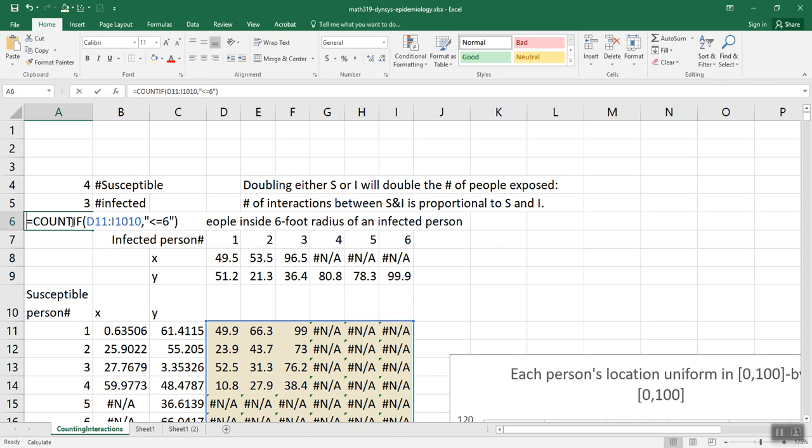And then here, I'm saying how many of all these distances are less than or equal to a 6-foot radius. That's not quite the right thing to do, because a susceptible person could actually be within 6 feet of 2 or 3 infected people, but on average, that's a very small effect compared to the main point we're going for here.